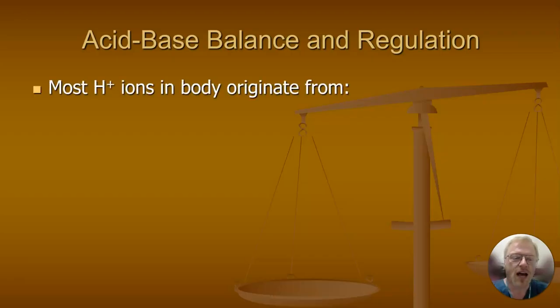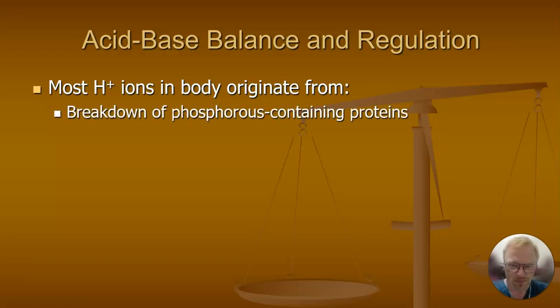Now, the majority of the hydrogen ions, which is the acid, that's what the pH scale measures, remember it's the power of hydrogen, originate from one of four things. The breakdown of phosphorus-containing proteins. So when your body is breaking those down, it develops phosphoric acid.